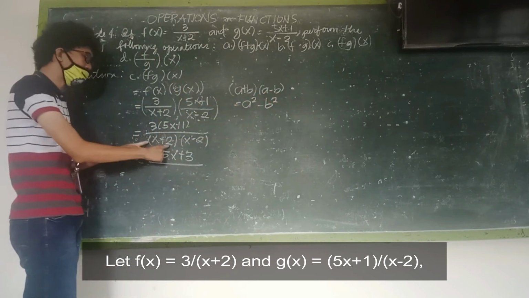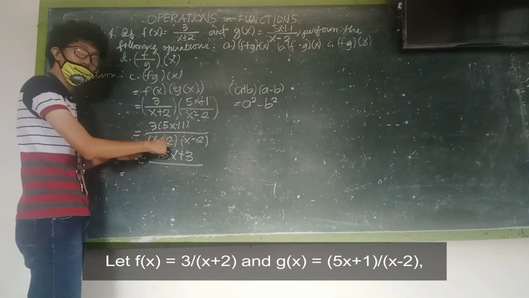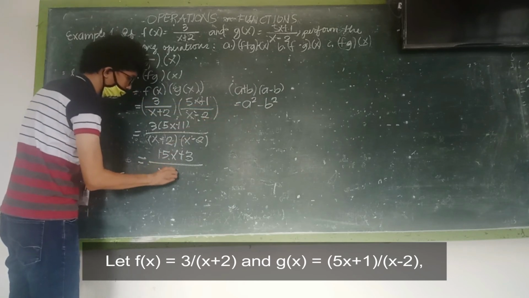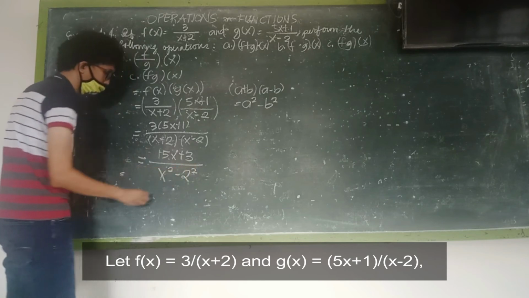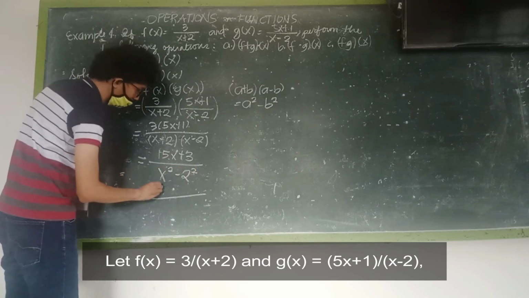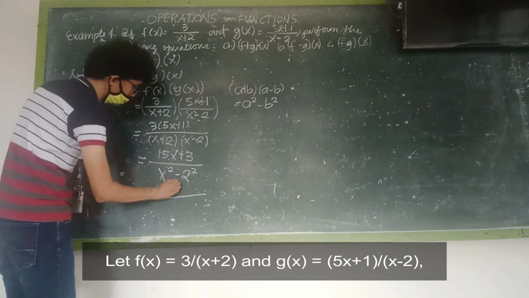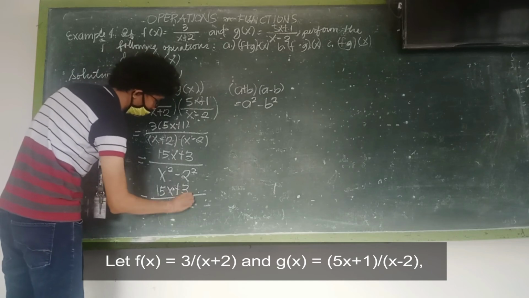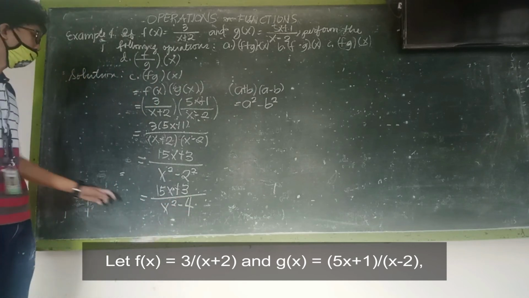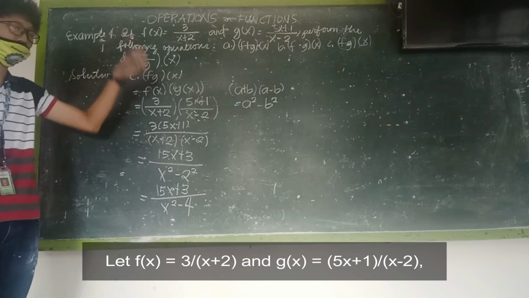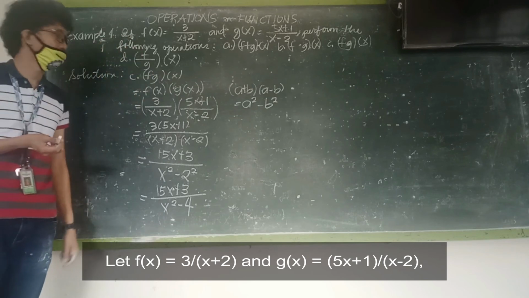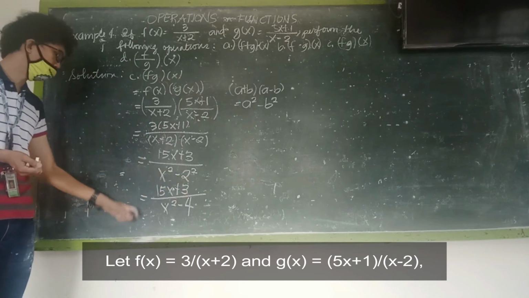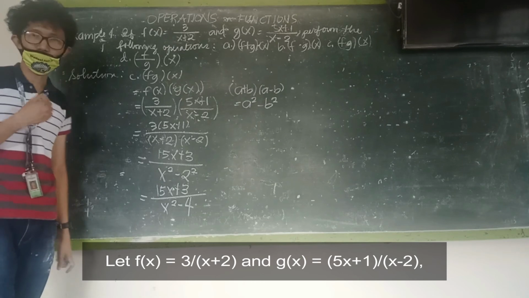We will apply this one since pareho ang terms, x and 2. So, i-simplify na natin ito, magiging x squared minus 2 squared. So, ang final answer natin dito, 15x plus 3 all over x squared minus 4. So, ito ang answer natin kapag multiplication ang hinahanap. f g of x is equal to 15x plus 3 all over x squared minus 4.